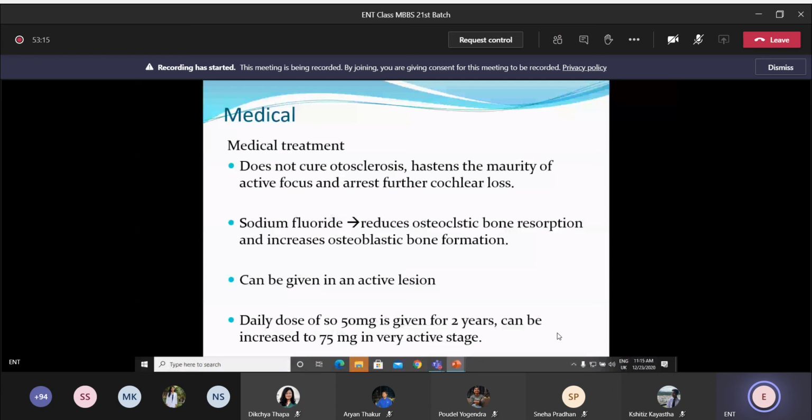But looking at the side effects caused by fluoride, these are not in practice these days. We do not use it. Though this is in the book, so you have to write it when you get this question. It can be treated medically, surgically, and with hearing aids, these are the three options. But the drug is this, and we do not use these drugs at present.